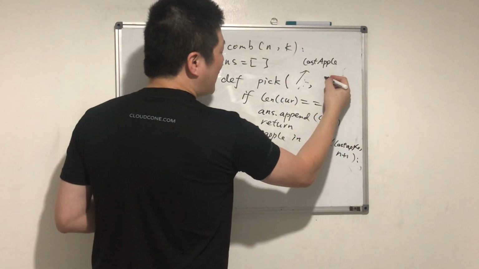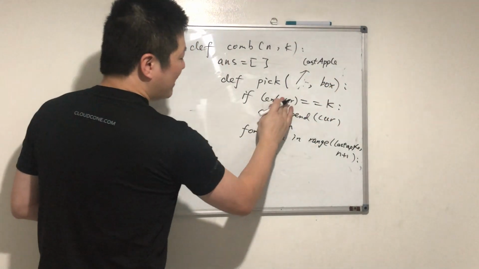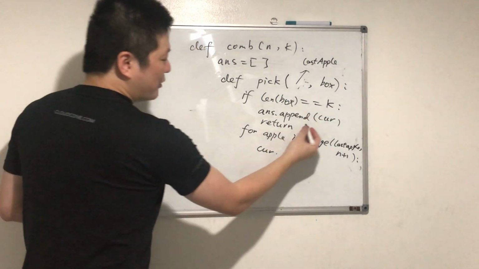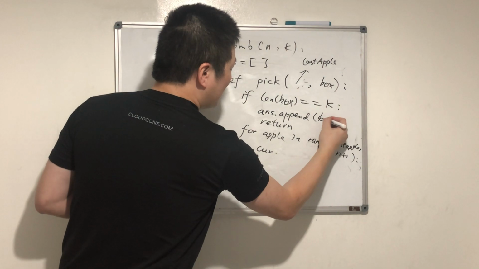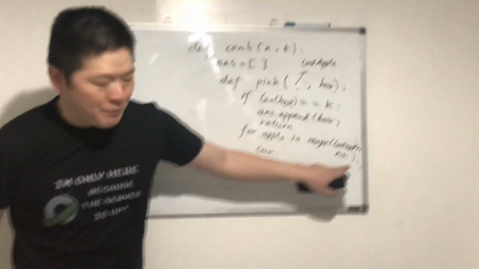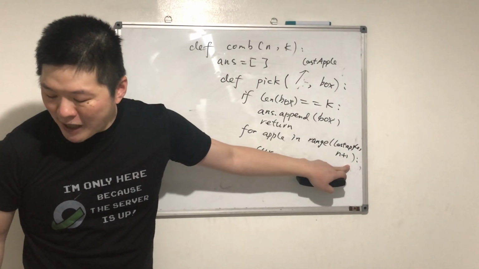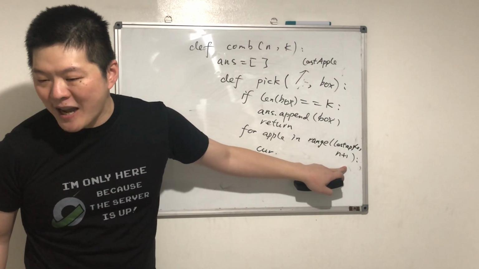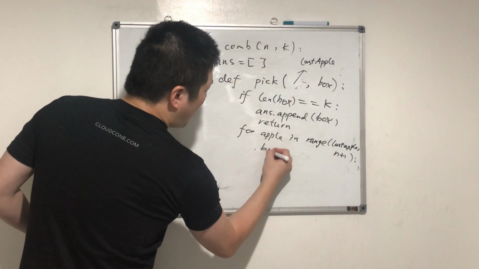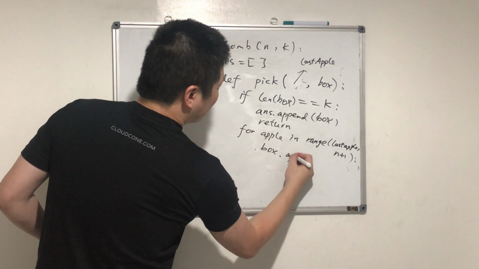You want to have a box with the apples. If the box contains k elements, we append the box to the solution. For apple in range last apple to n plus 1, the last apple will be number n.